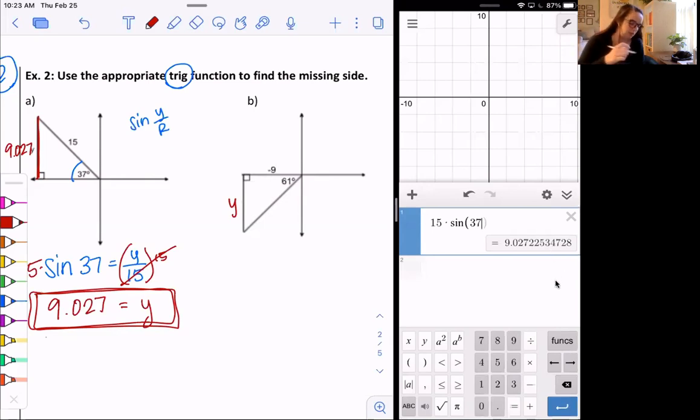All right, anybody want to do this problem for us? Feel free to mic pop.